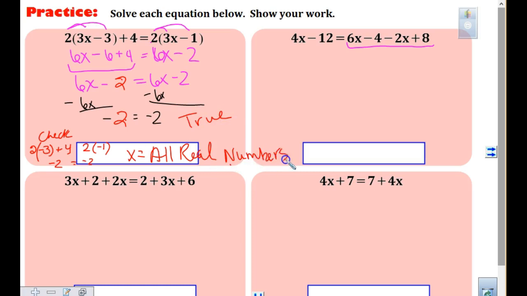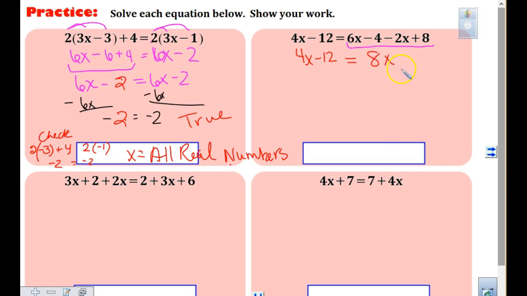If we are looking at solving the next one, we have 4x minus 12. Andy, on the other side, if we are simplifying, I want to add my like terms. I want to add the x terms together first. What would you end up with? 8x.